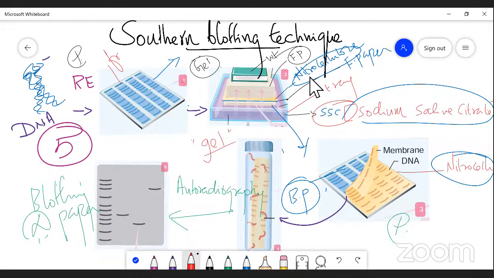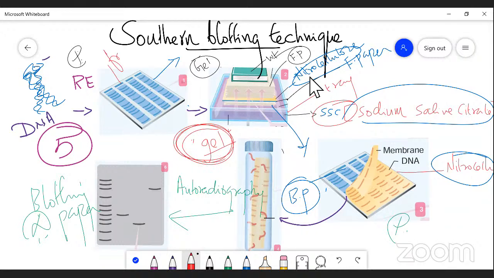Agarose gel. Actually, while DNA is kept in agarose gel, it is going to be denatured. I mean, the 3D structure of DNA is lost when we transfer it into the gel. So that is the role of agarose gel. Dear students, how is denaturation taking place?